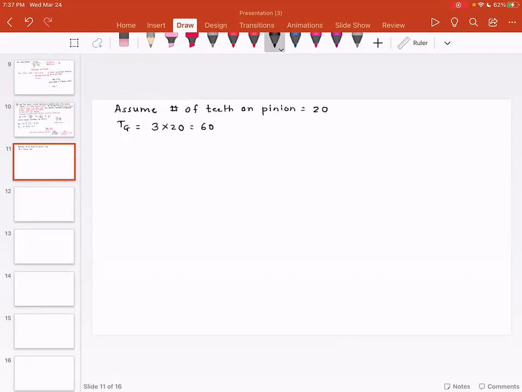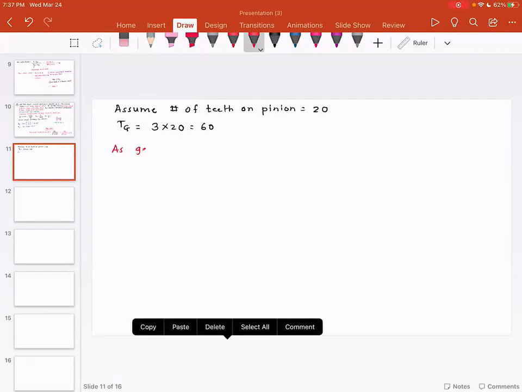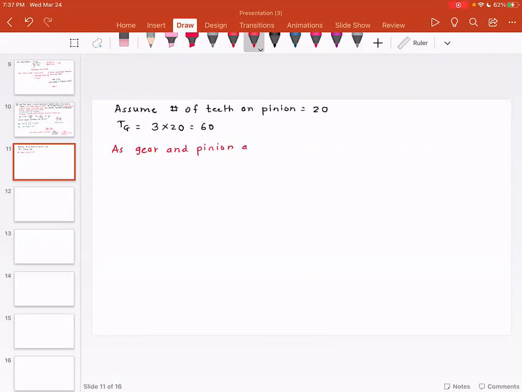Now please understand, as gear and pinion are made with different type of steel, we have to check which is weaker.